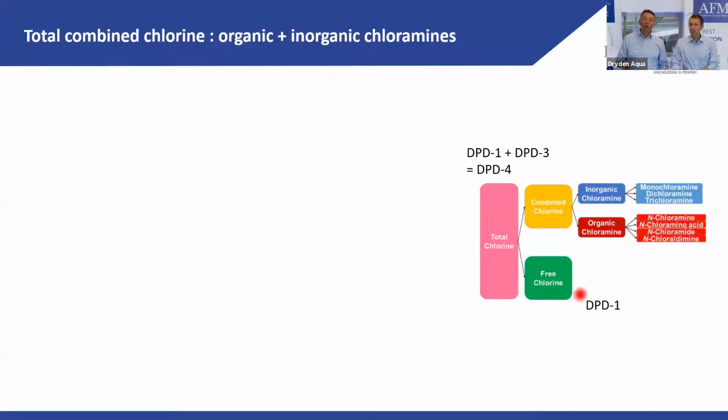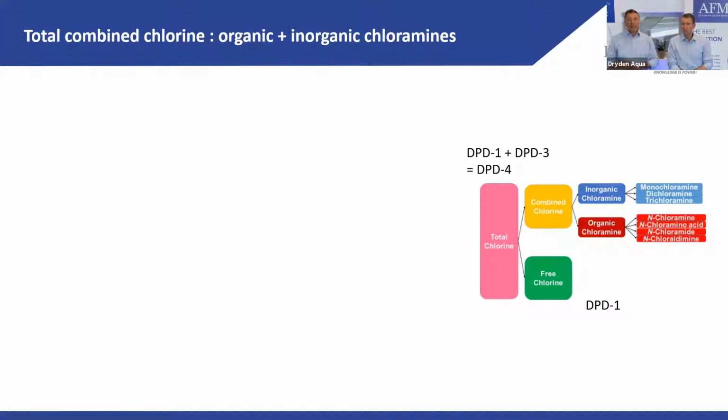With DPD1, you measure free chlorine. If you add DPD3 on this DPD1, you get DPD4. And DPD4 measures the total chlorine. The difference between the free chlorine and the total chlorine is the combined chlorine. This is what we do with the photometers.